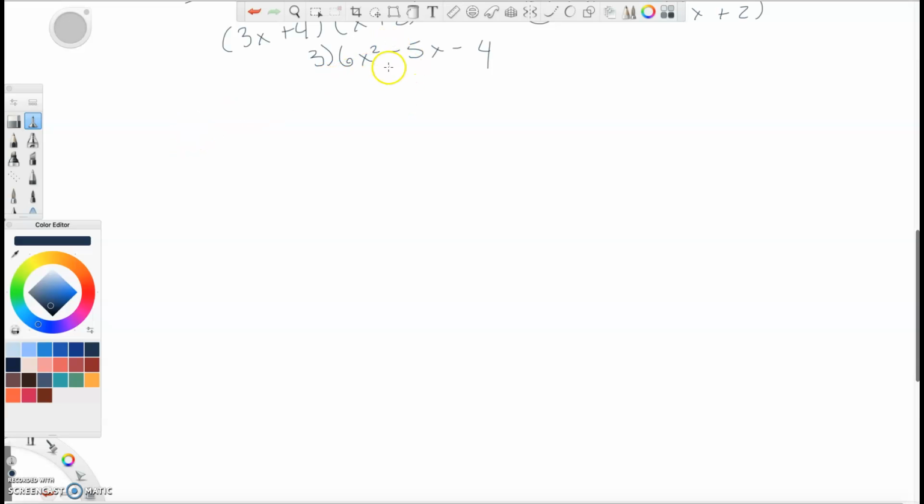So I'm going to take A times C, this is A and this is C. Let's actually do this with the box method. I like the box method. Let's go ahead and create our box. Remember, in the upper left corner of the box, we're going to put our 6x squared.